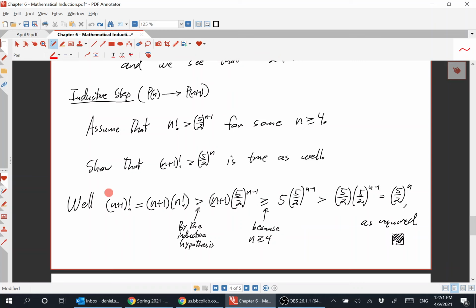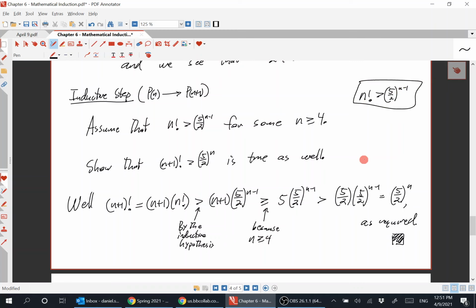All right, well, n plus 1 factorial, starting with the left, or you can start with the right, whatever works for you. N plus 1 factorial is equal to n plus 1 times n factorial, as we discussed last time. By the induction hypothesis, n factorial is strictly greater than 5/2 to the n minus 1.